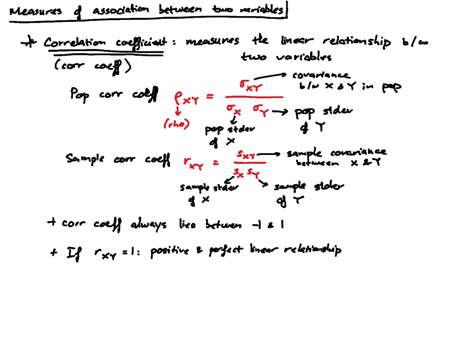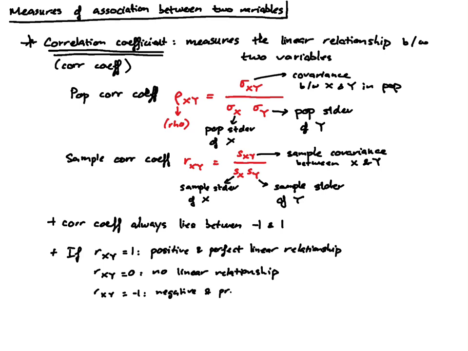Now when it is 0, then there's no linear relationship. So if Rxy is 0, no linear relationship. If it is -1, then there is a negative and perfect linear relationship. Right, so if Rxy is equal to -1, then the relationship is negative and linear.